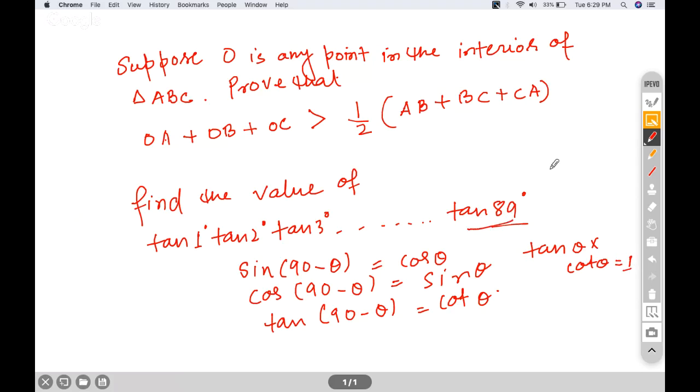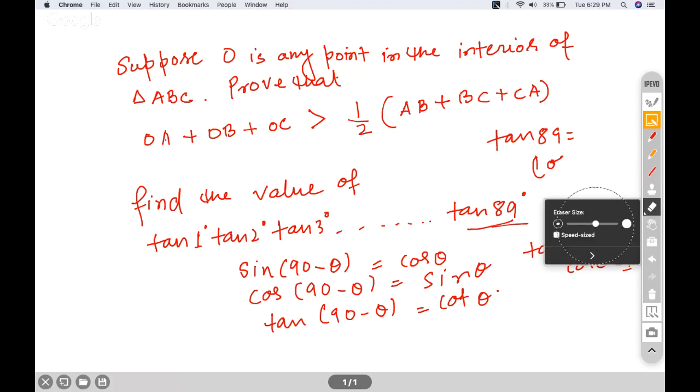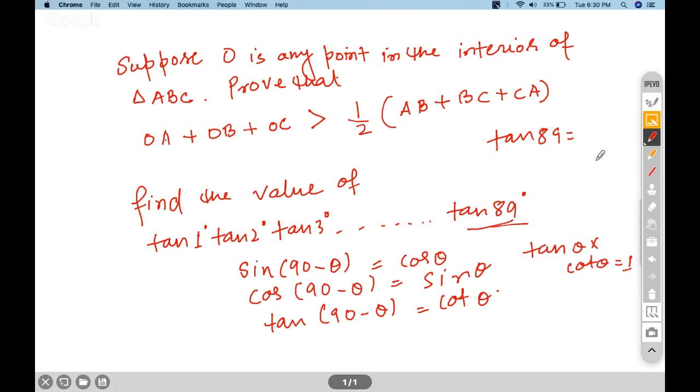So you look at here, tan 89 can be written as tan 90 minus 1.